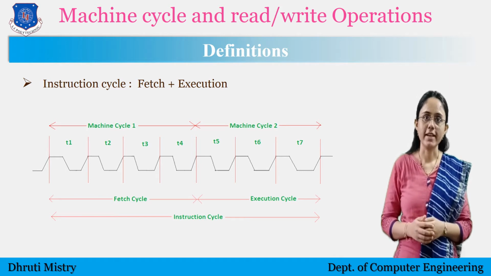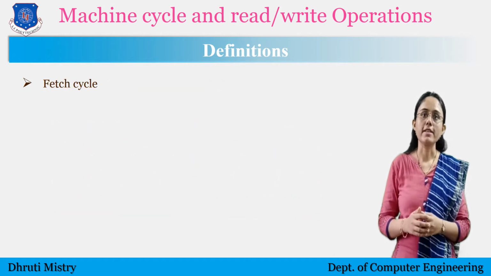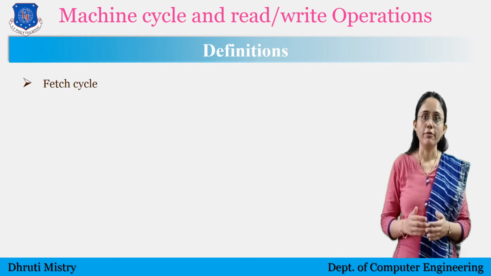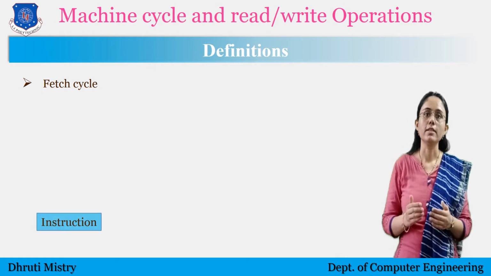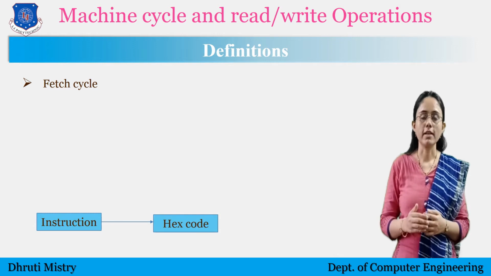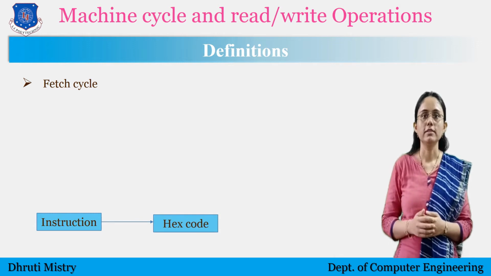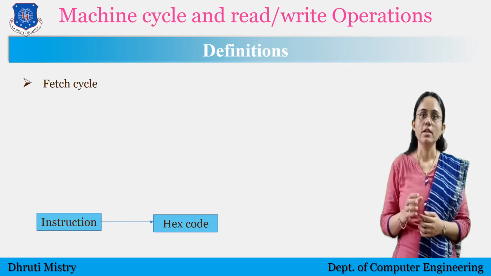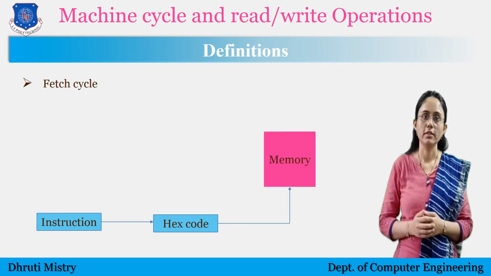Third, fetch cycle. When you write an assembly language program, every instruction of that program is converted to corresponding hex codes, which is then converted to binary and is stored somewhere in the memory.